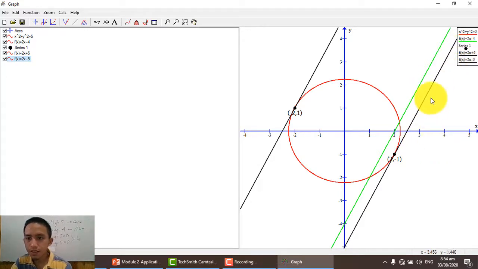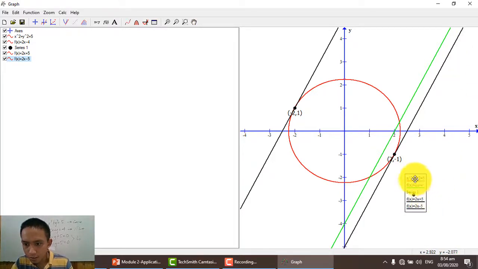So again, this is your function. This is your legend. The red one is the curve. The green one is the line parallel to your tangent, and the two black lines there are your tangent lines, and those are your points of tangency.